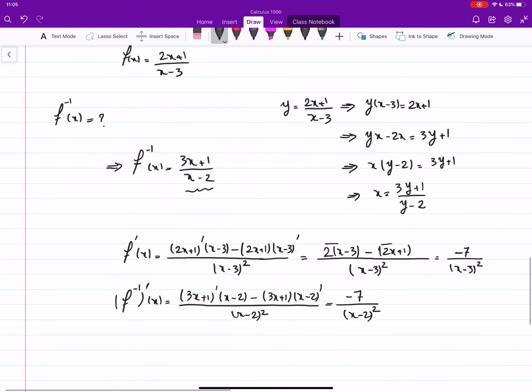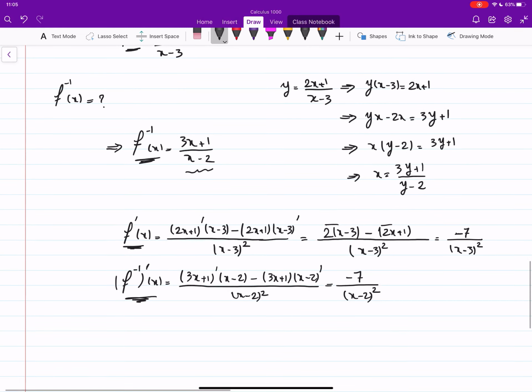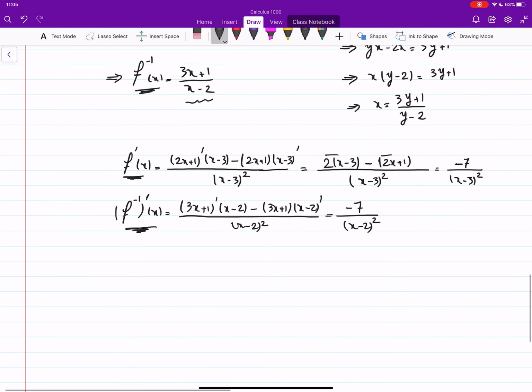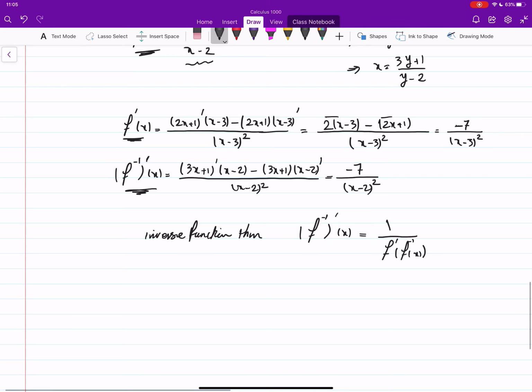Now we have f inverse, f prime, and f inverse prime. The inverse function theorem says that f inverse prime at x is equal to 1 over f prime evaluated at f inverse of x. So let's do that.